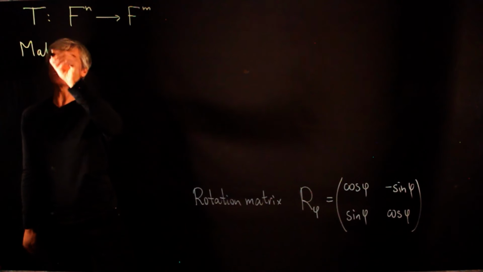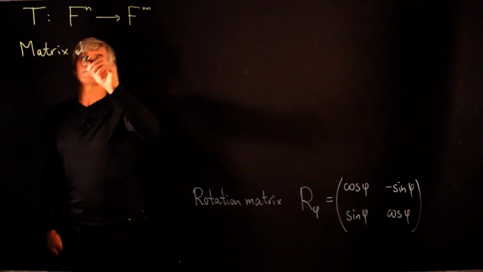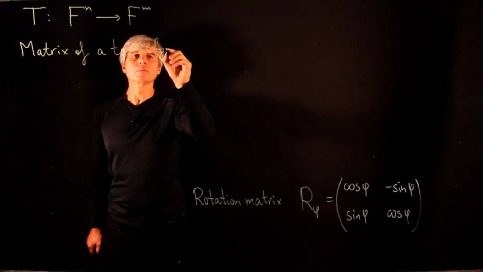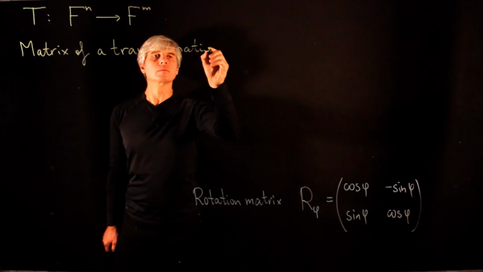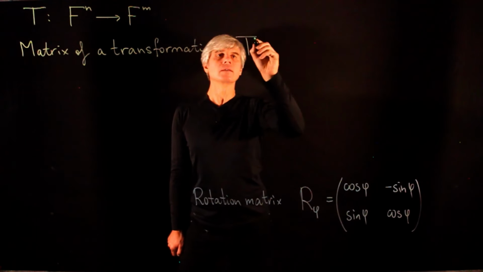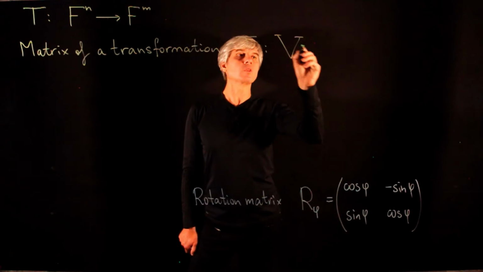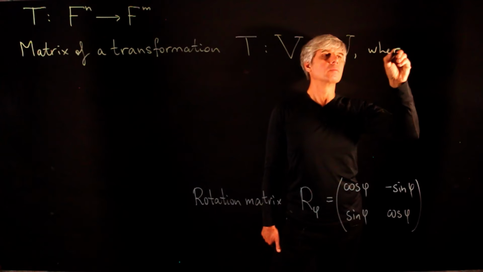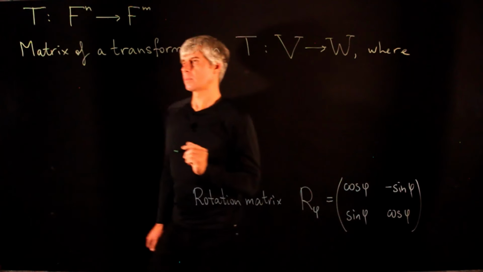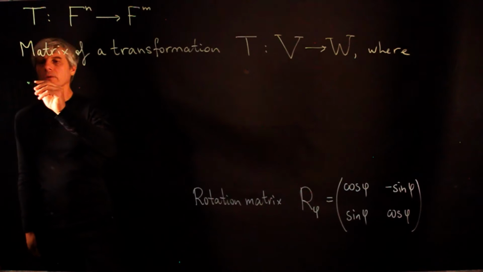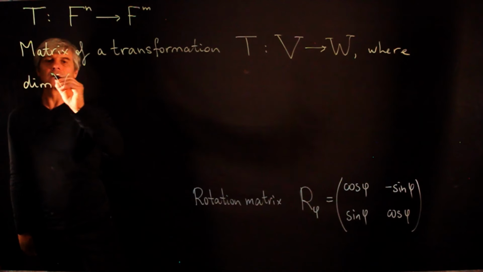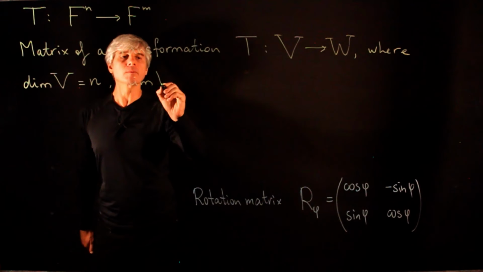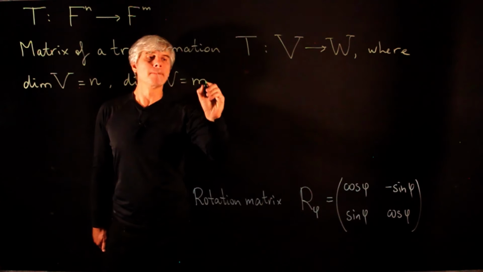How do we find the matrix of a transformation T from V to W, where the dimension of V is equal to n, and the dimension of W is equal to m?